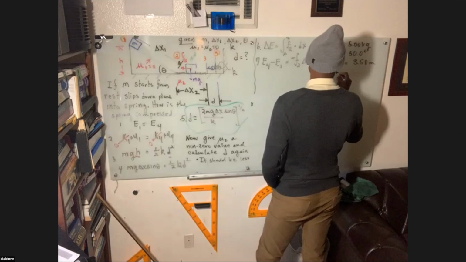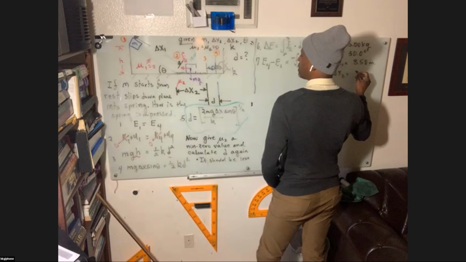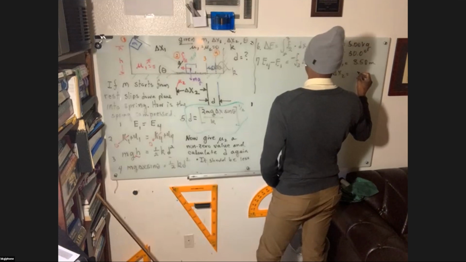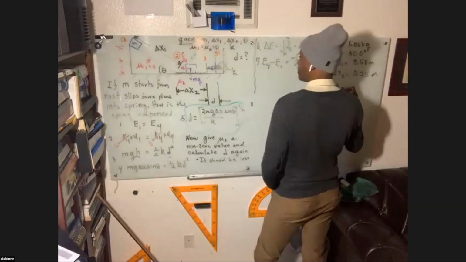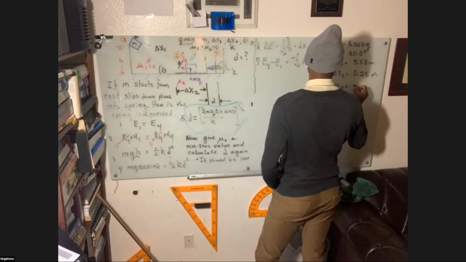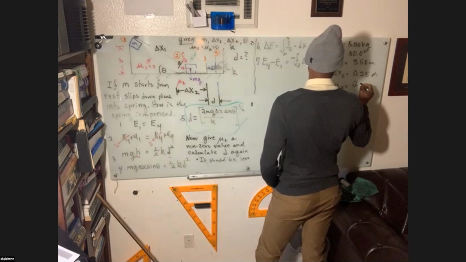And delta x2, let's just let that be like 0.25 meters, like 25 centimeters. And let's let mu 2 be 0.275.